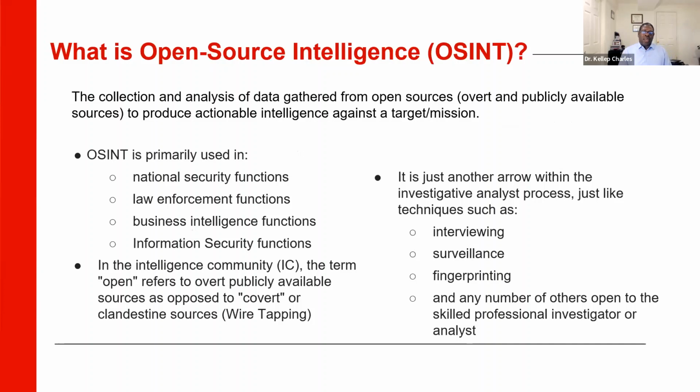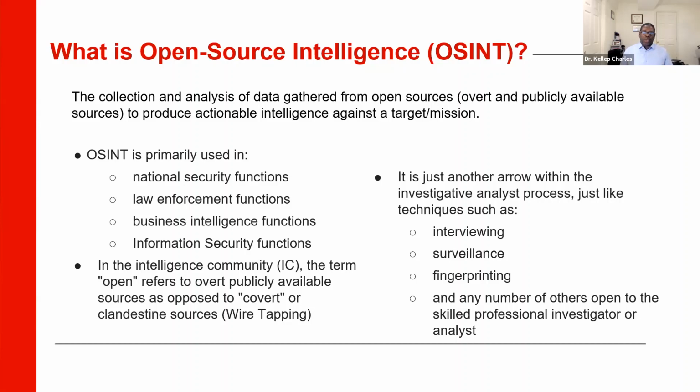Before I get started, I just want to provide a definition so we all are on the same page when I talk about open source intelligence, or OSINT, which is the abbreviation. Basically, it's the collection and analysis of data gathered from open sources to produce actionable intelligence against a target or a mission. And that last piece, against a target or a mission, is a very important component.